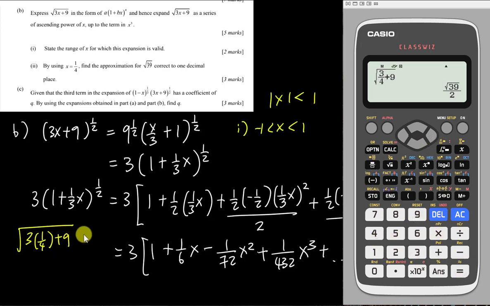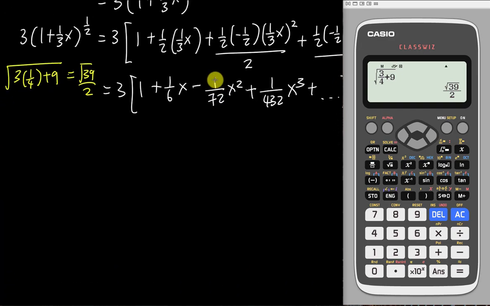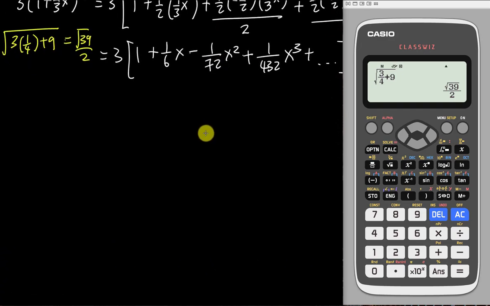Alright, then the calculator will tell me this one is actually equal to square root 39 over 2. So basically, if I sub the 1 over 4 into there, I will get square root 39 over 2. So later, I only want square root 39, so I will factorize out the 1 over 2 from my answer here.